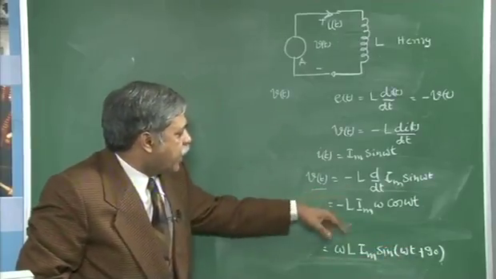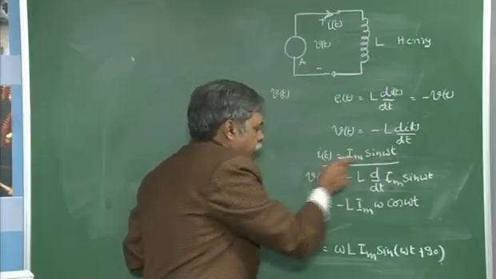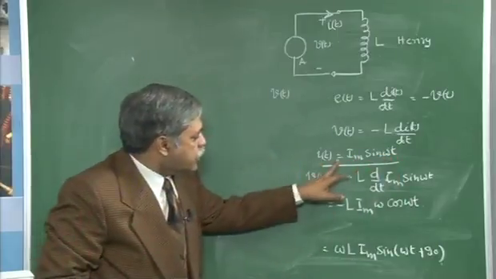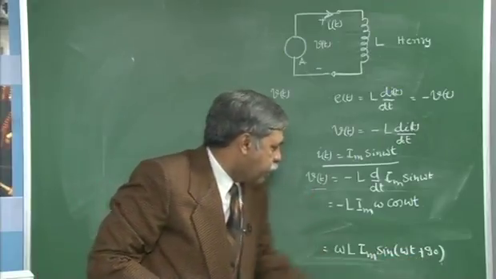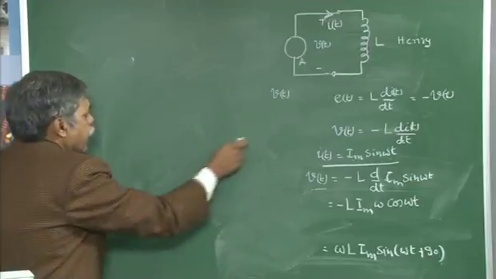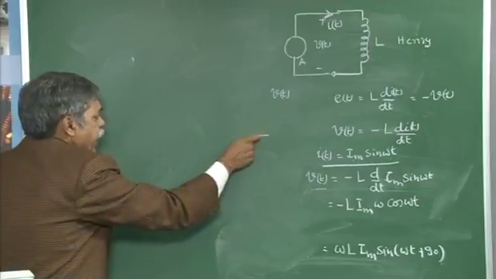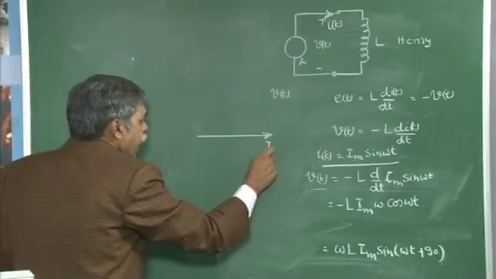I am saying the voltage leads because I have taken Im sin omega t as the current expression. So this gives us a voltage V of t equal to sin omega t plus 90. That gives us the phasor diagram for the voltage and current relationship in the case of an inductor.